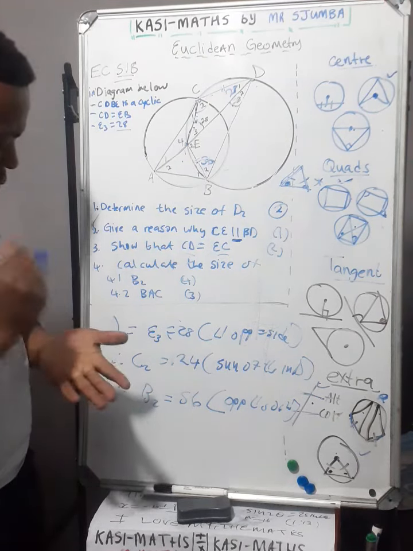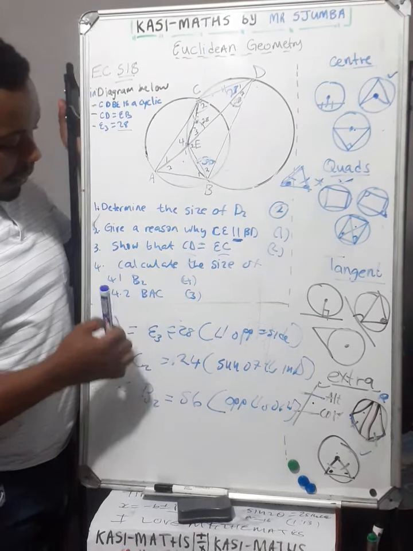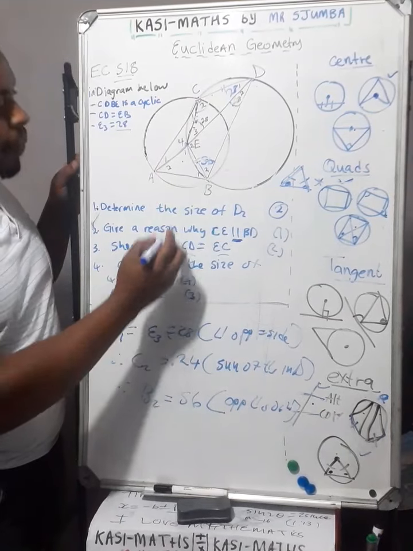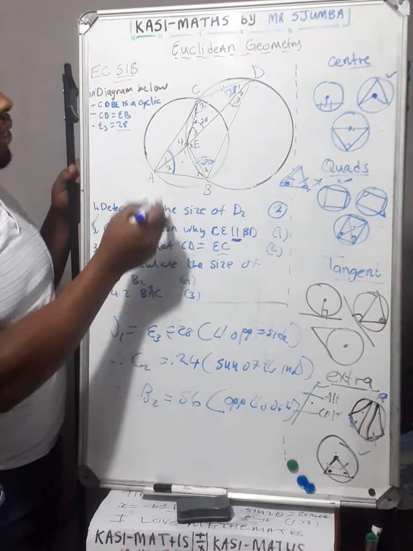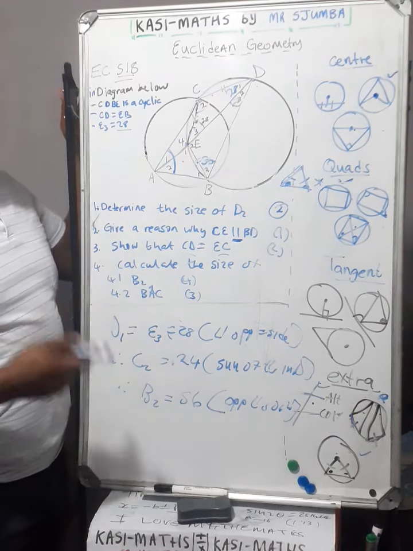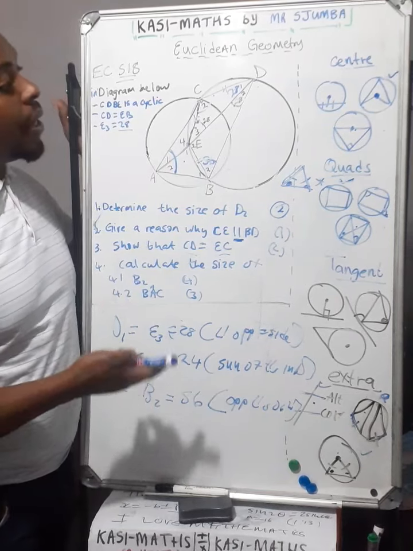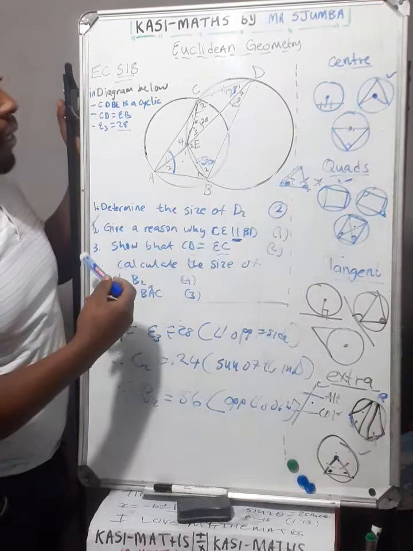Okay, 4.2, we should calculate BAC. Looking at this whole angle, we must ask what we have not yet used, what we can use that we have not yet used. What we have not yet used here is the angle at the center is twice the angle at the circumference.